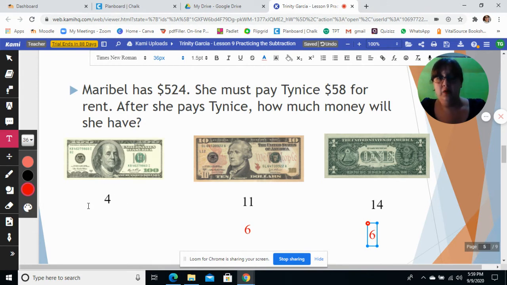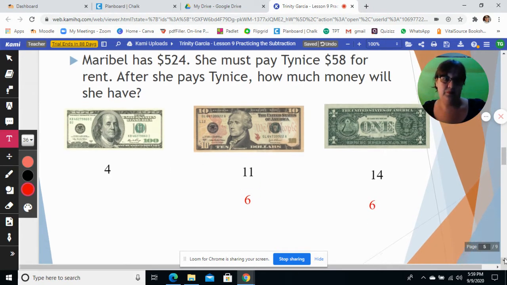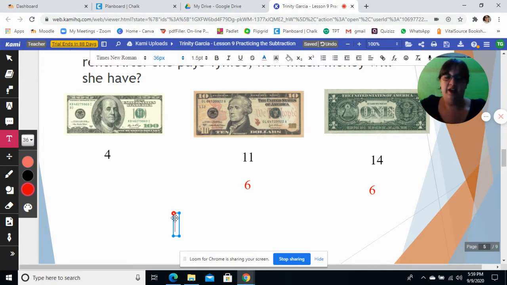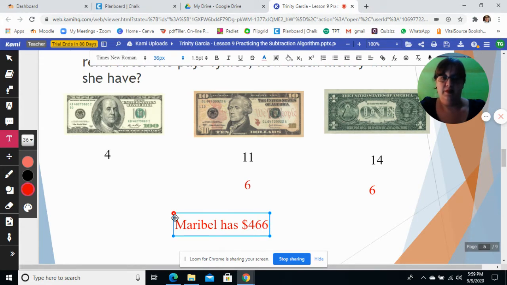All right. So now we can see that Maribel has how much money left? She has $466. All right. So our answer then becomes, okay, Maribel has $466.